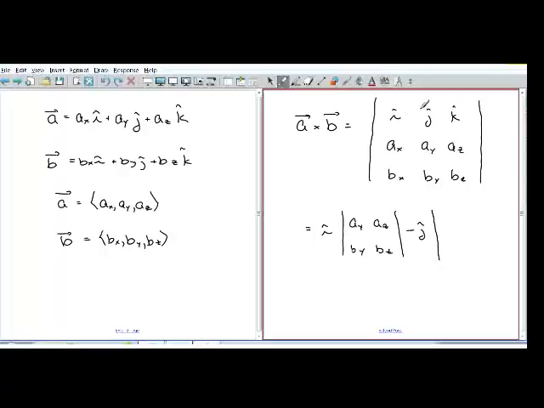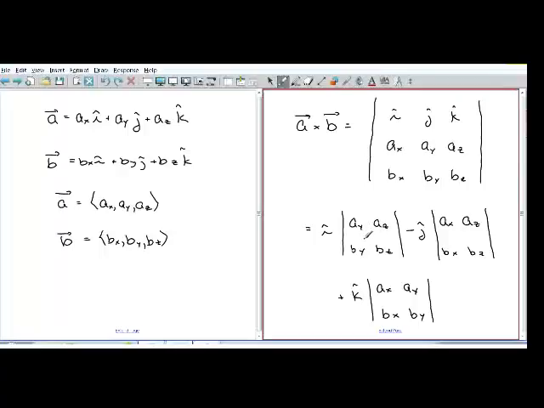You cross out this row and this column, and you end up with A sub x, A sub z, B sub x, B sub z. And then finally, you get plus the unit vector in the k direction times, marking this row out and this column out, you have A sub x, A sub y, B sub x, B sub y.